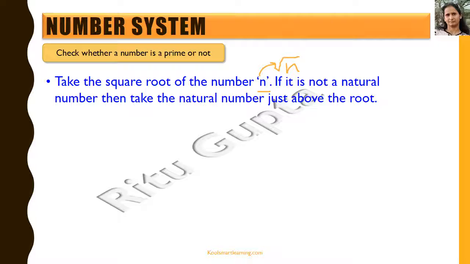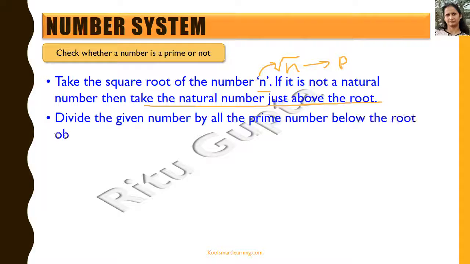But if its square root is not a natural number, then we just take the natural number which is just above this root and let's call it p. Now we divide the given number n by all the prime numbers which are less than p.